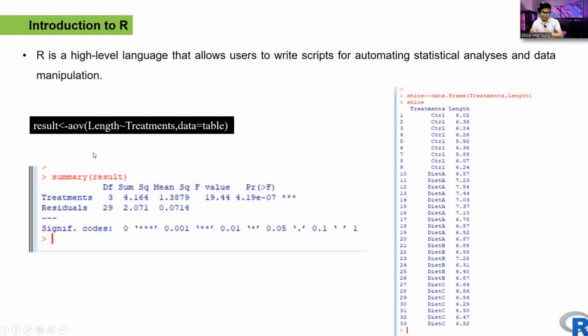If we write this function in R software, R will give out the answer for the ANOVA, for example the ANOVA value, how significant the difference is, and what the confidence level is, like that. So R is a language-based system. If you want something, you have to write the script based on a function.